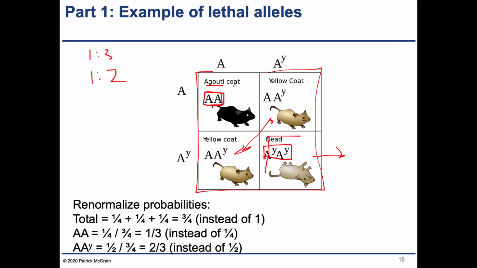Typically you have 1/4 plus 1/4 plus 1/4 plus 1/4 equals 1, but now we only have three of those squares, and if we add those all up, it's equal to 3/4. So the probability that it's agouti is 1/3, and the probability that it's yellow is 2/3, because we simply divide by the 3/4. If you ever see a 1/3 to 2/3 ratio, immediately you should be thinking that this might be an example of a lethal gene.